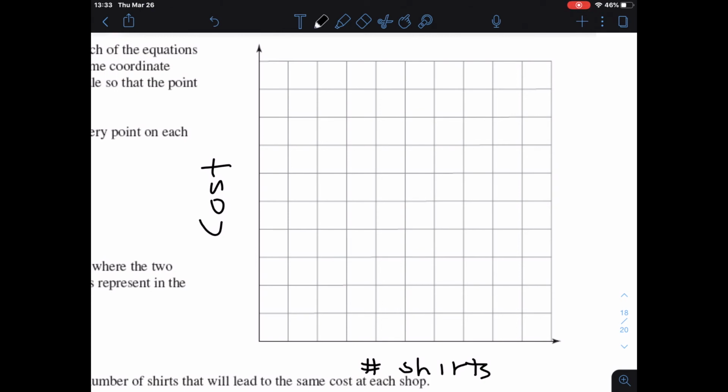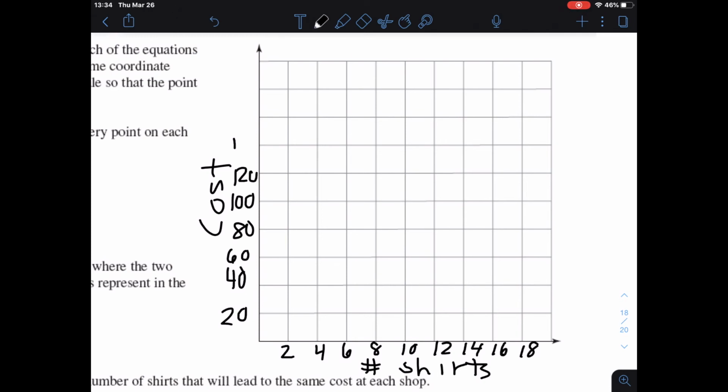We need to go up to at least 12, so let's do 2, 4, 6, 8, 10, 12, 14, 16, 18 shirts. And let's make the cost go up by a nice number, by 20s. So 20 bucks, 40, 60, 80, 100, 120, 140, 160, 180, and that'll be good.